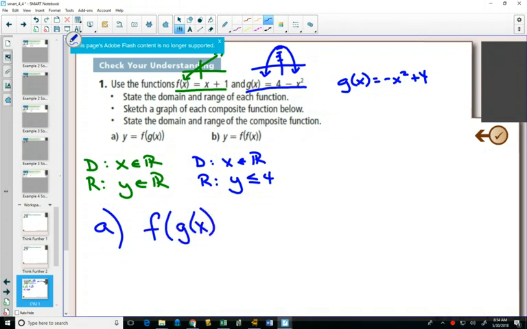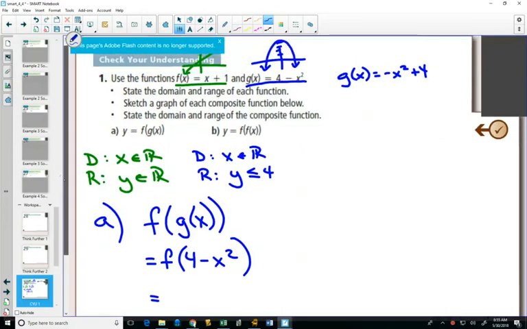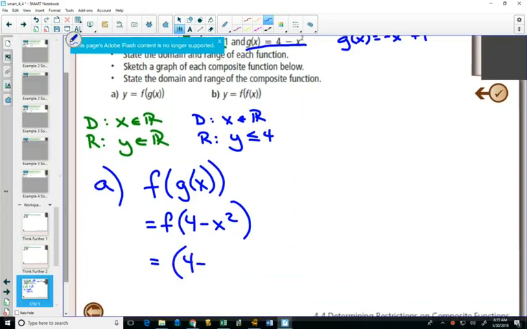Well, f of g of x is equal to f of, and g of x is 4 minus x squared. And f of 4 minus x squared is equal to, well, what does f of x do? It just adds 1 to it, so I would have 4 minus x squared plus 1. Simplifying that, I would have negative x squared plus 5.